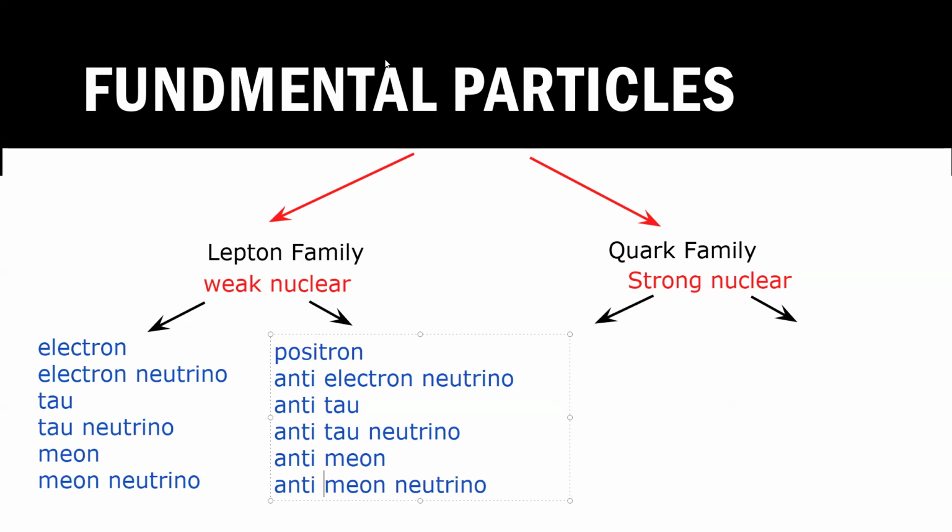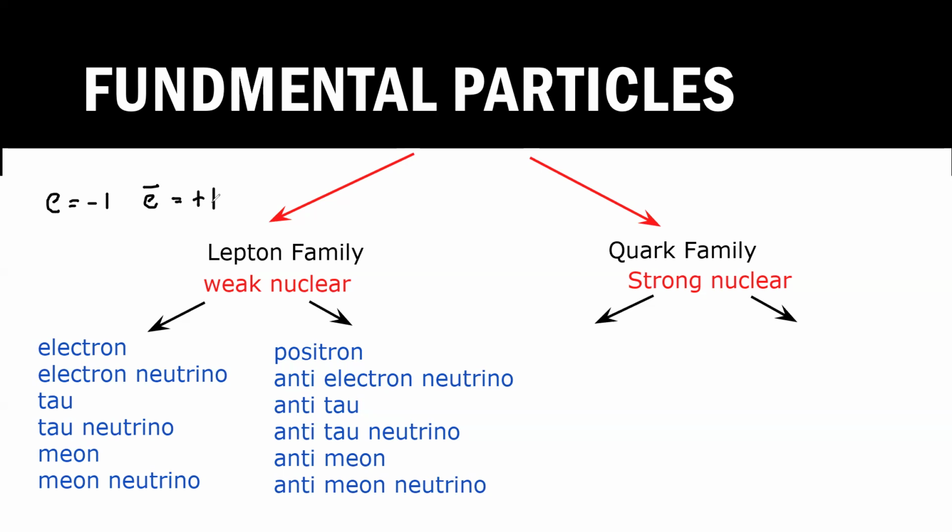What is the difference between the particle and the antiparticle? The difference between a particle and antiparticle is their charge. For example, we say the relative charge of electron is -1. So what will be the charge of a positron? Positron is an antiparticle. And how do we represent the antiparticle? We represent it by the same symbol but with a bar. So what will be the charge of the anti-electron?